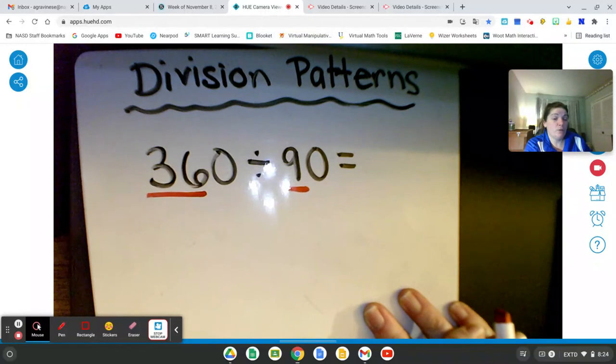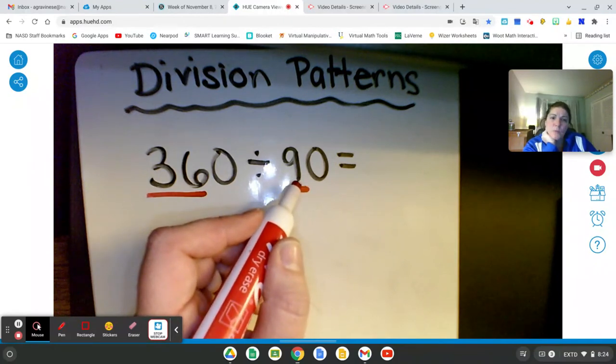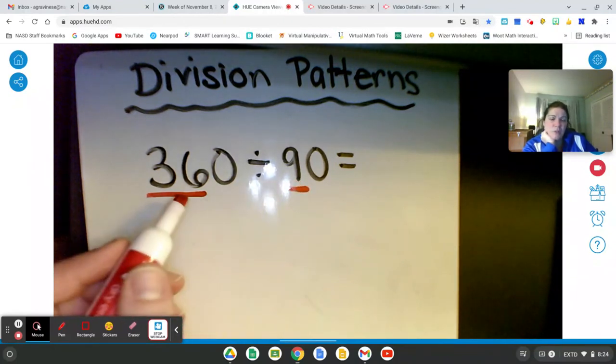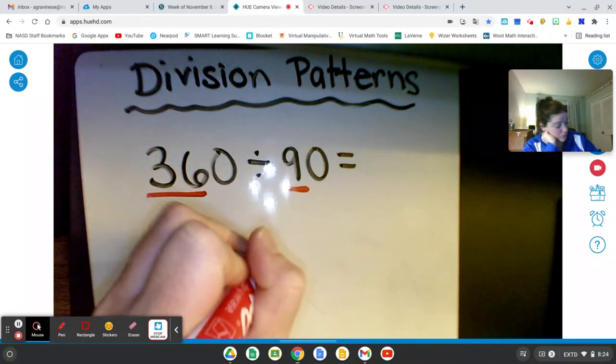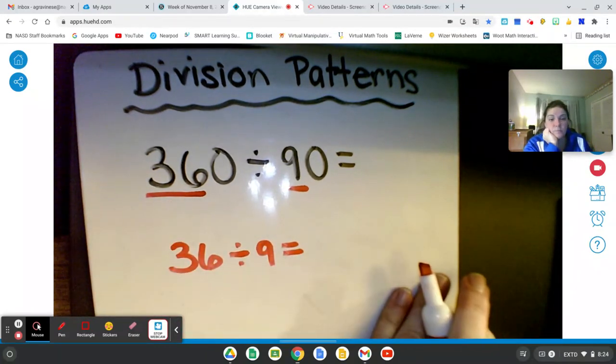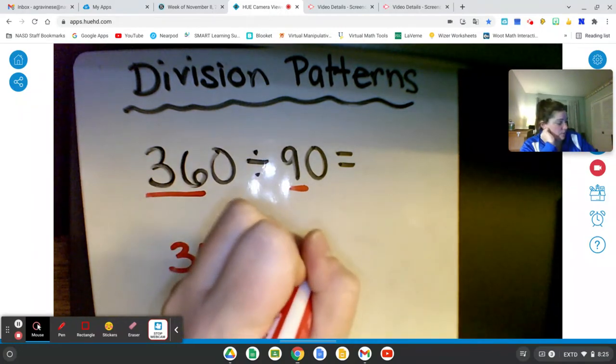So you want to think of your times tables and think of, okay, 36 and 9. 9 times what number gives me 36? And if you don't know, you should be looking at your times table chart, listing your multiples. 9, 18, 27, 36. It's a 4.